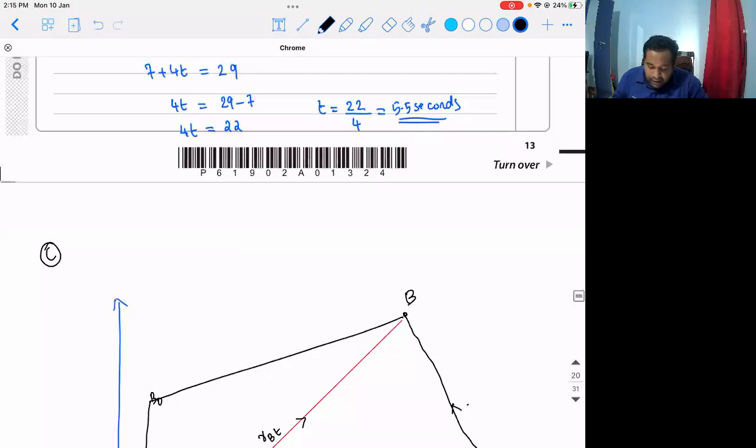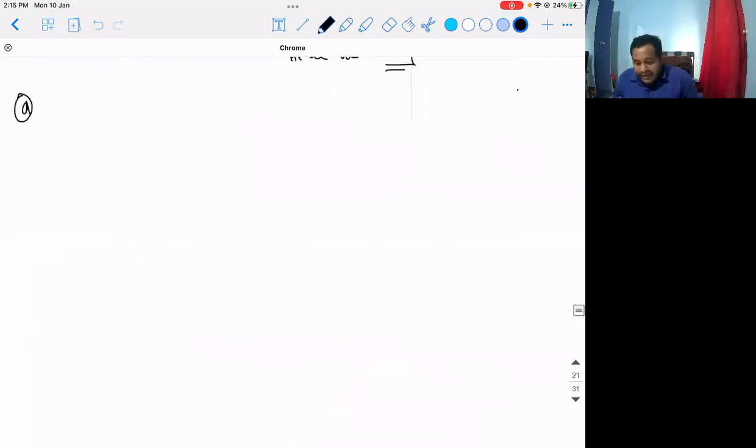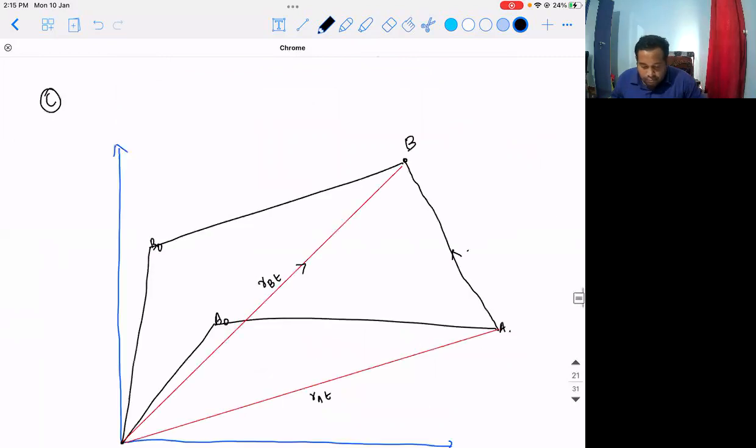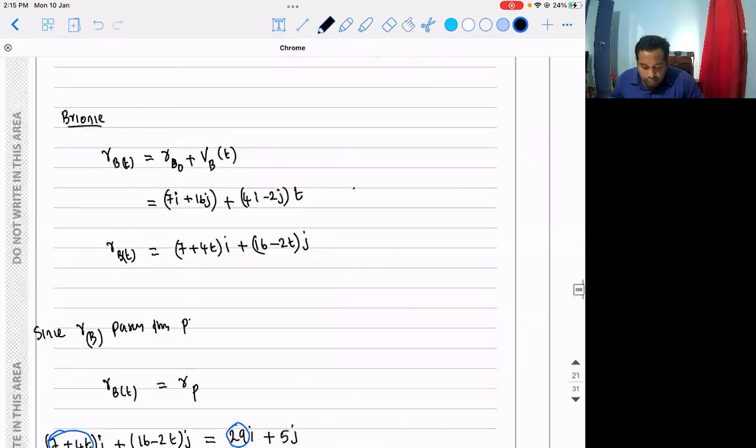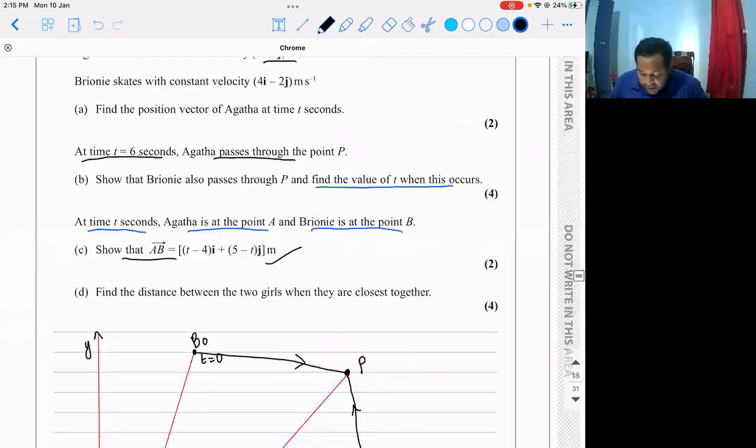Then the last part of the question: find the distance between the two girls when they are closest together.